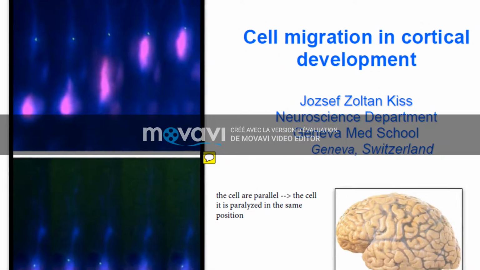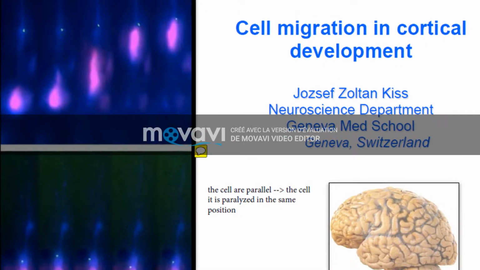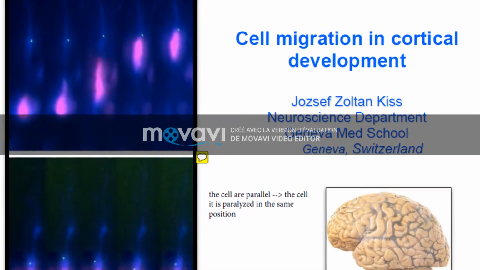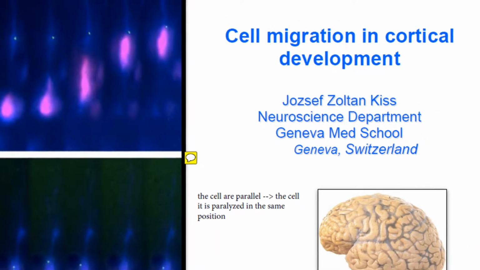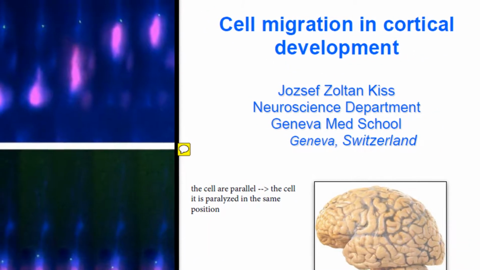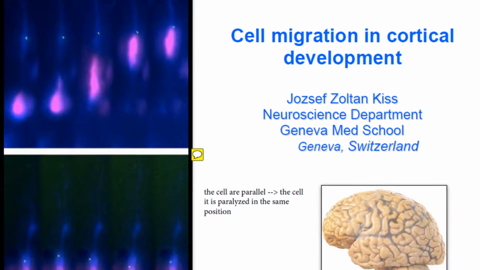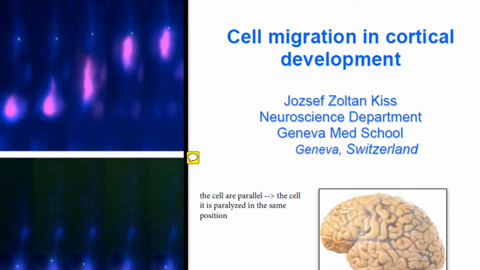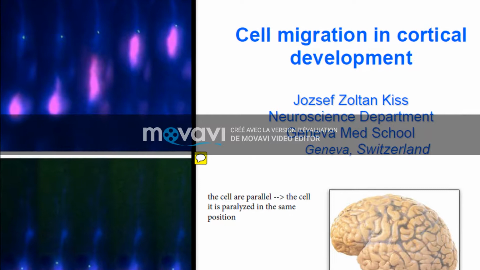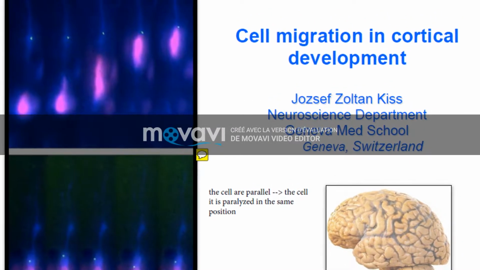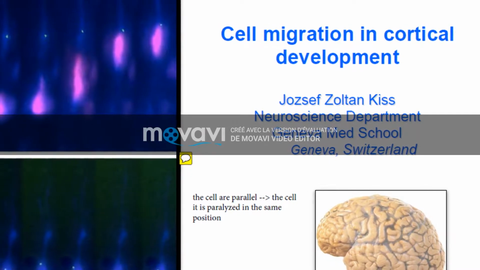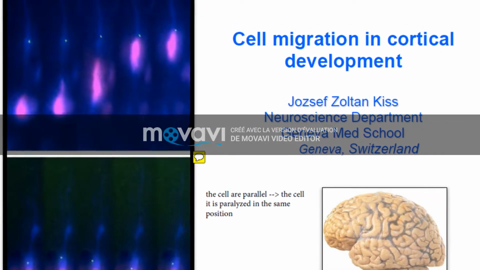So one idea is that in the human brain, the extreme proliferation of these outer zone radial glia cells will give an expansion of superficial layers, thereby increasing the surface of the human brain, which is absolutely not the case in the mouse.